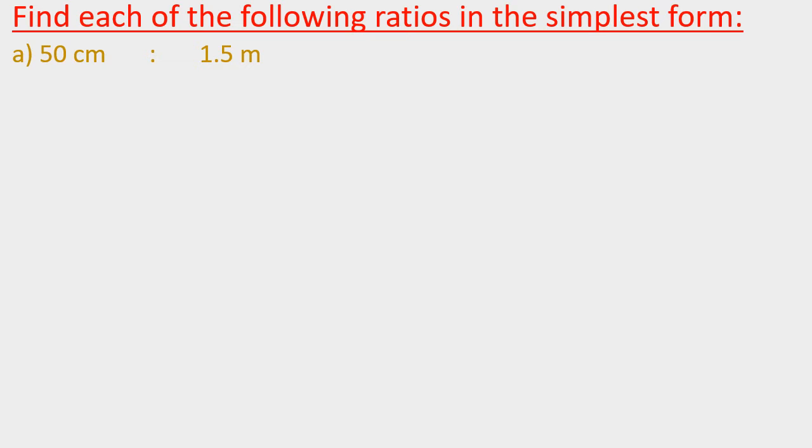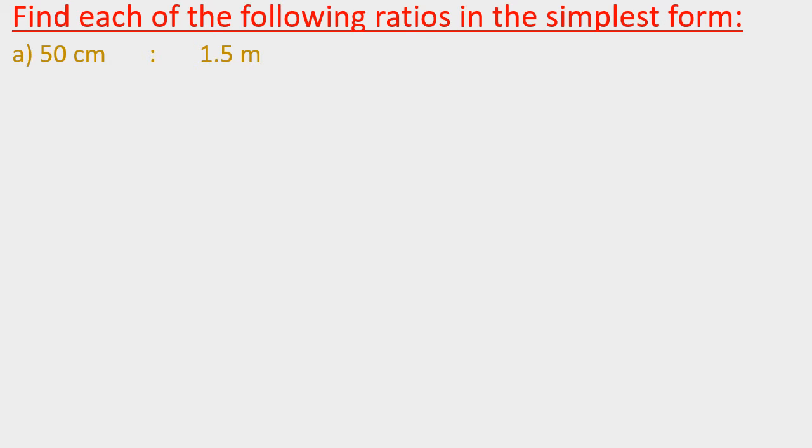We have two quantities, centimeter and meter. They must be the same unit. We can convert from meters to centimeters or from centimeters to meters, but it's better to convert the greater unit to the smaller one. Why? To multiply, to be easier.